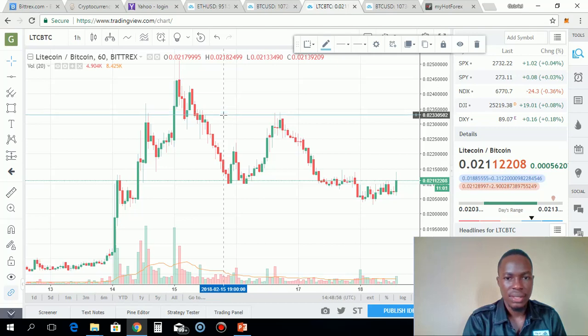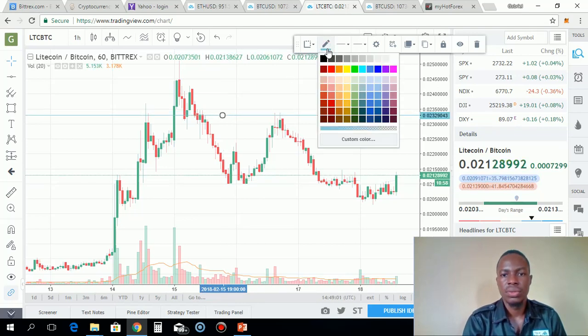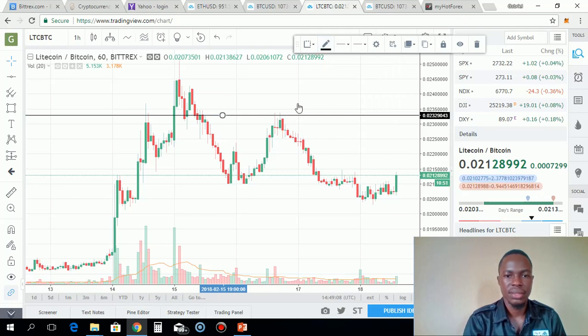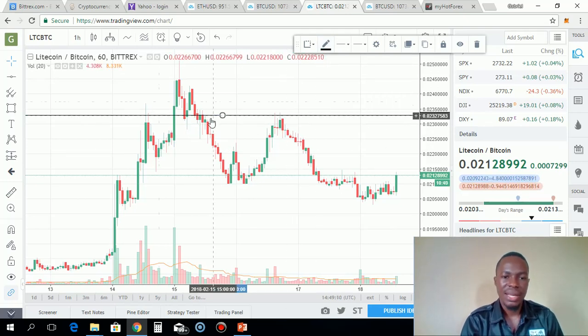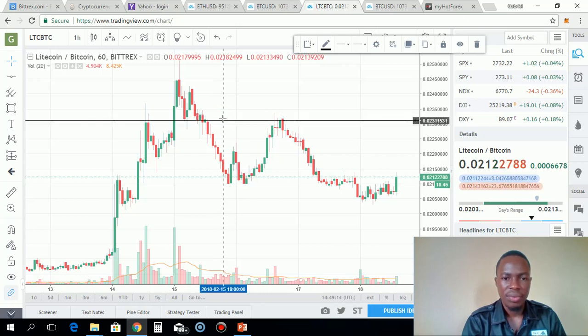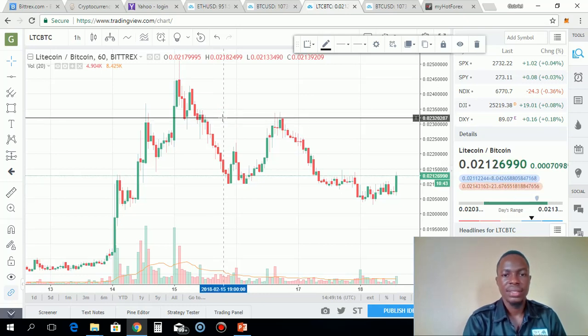You can see the green line there. Let me just change the color. So change it to a black line, makes it more legible. So the black line here shows more like an area of resistance that Litecoin is finding it difficult to break.